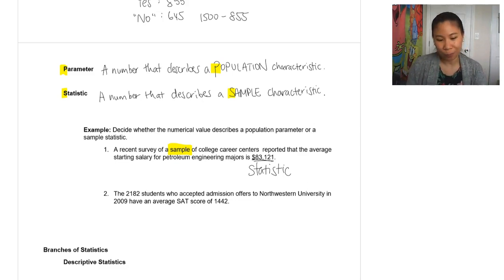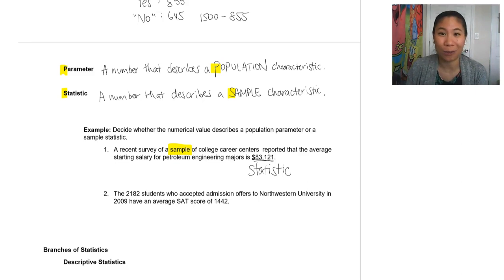Okay, example number 2. The 2,182 students who accepted admission offers to Northwestern University in 2009 have an average SAT score of 1442. This is a very solid SAT score. But we've got a few numbers in this question. So we want to make sure we're looking at the right one when we're trying to decide whether it's a parameter or statistic. So first, the 2009 is a year.